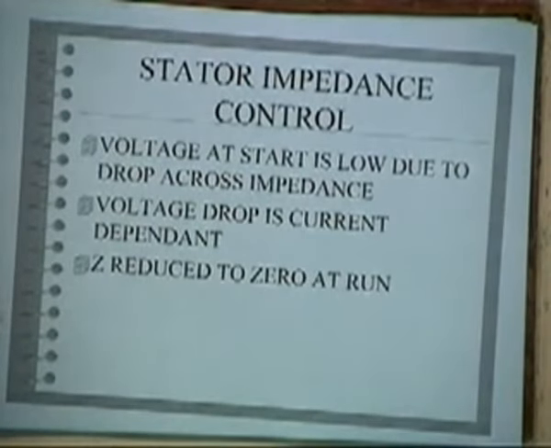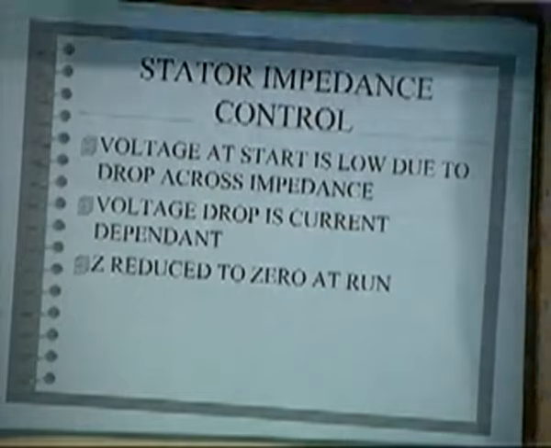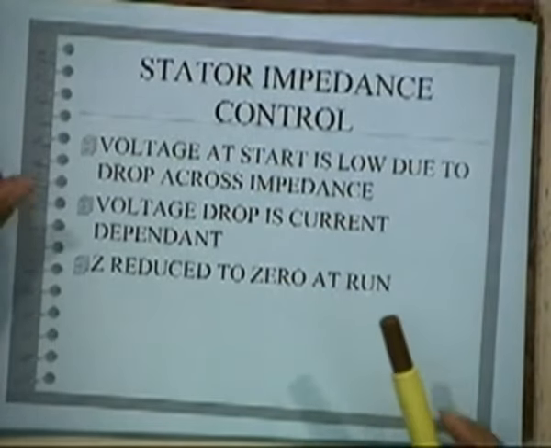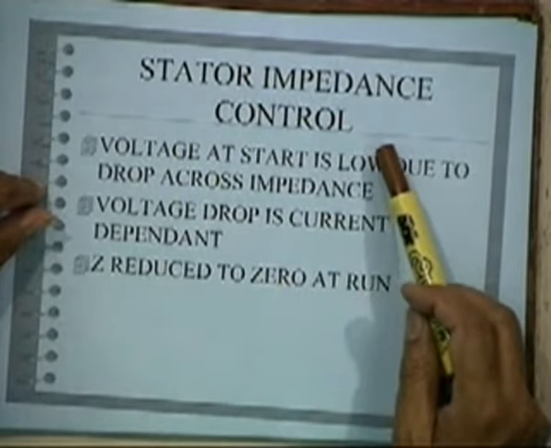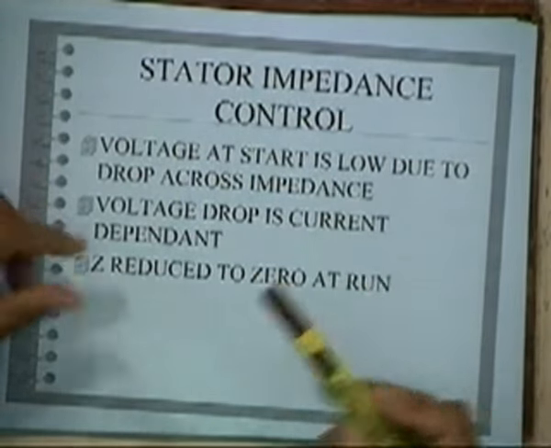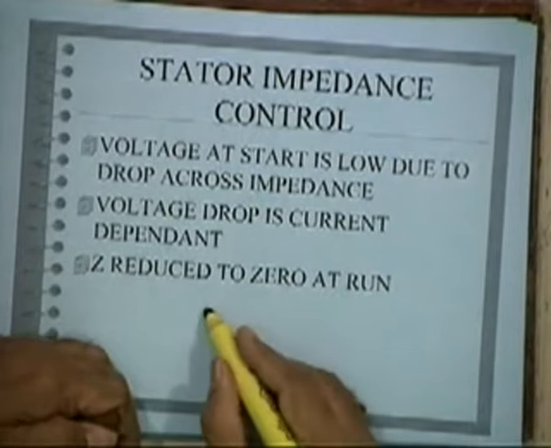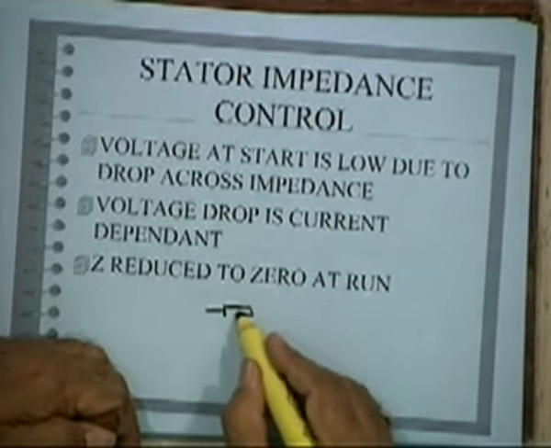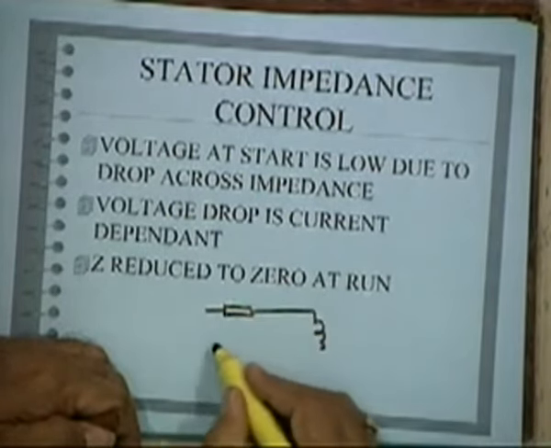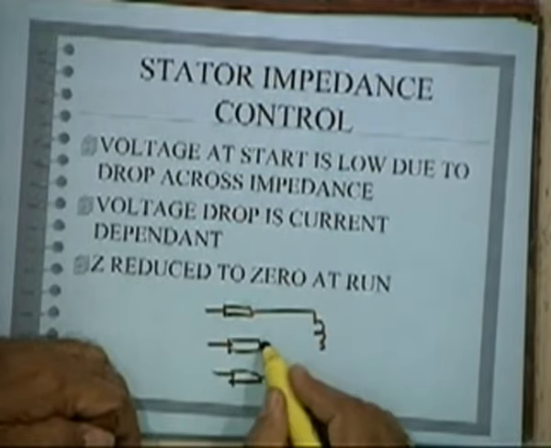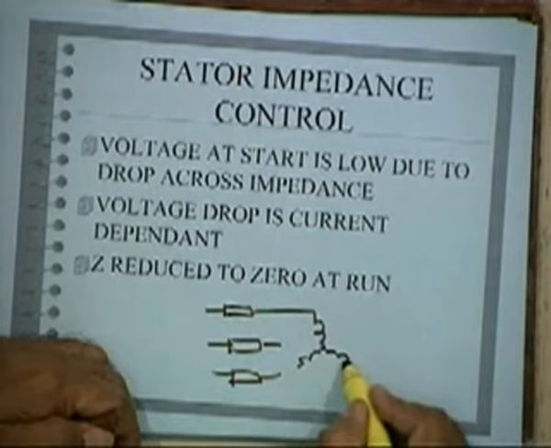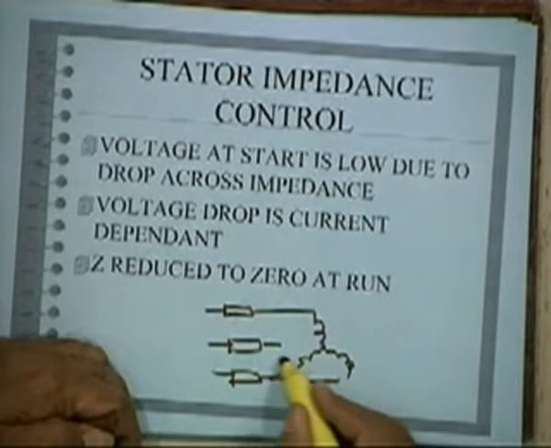Another method is the stator impedance control. In stator impedance control, you connect an external impedance in each of the lines, and you cut it off when the motor reaches speed.